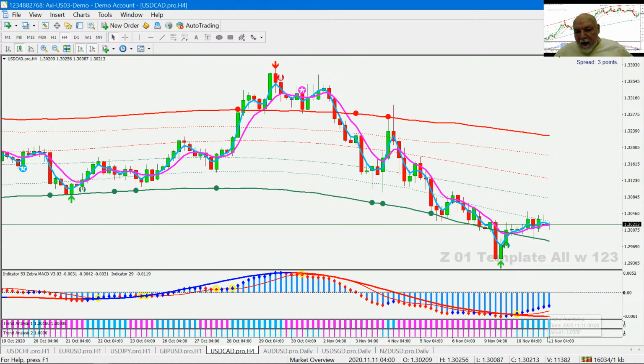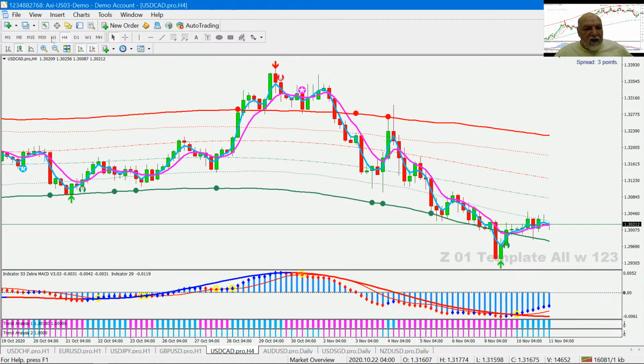So yes, we're still looking at a possibility on the 4-hour for price to come up. We're still trading in the lower time frame, but the 4-hour trend is still down as far as the channel is concerned. All right, so that would indicate to me that price can still drop a little bit more.